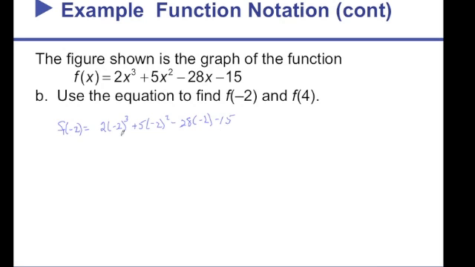Well, remember we do powers before we multiply, so this will be 2 times negative 8 plus 5 times 4 minus 28 times the negative 2 minus 15. That'd be negative 16 plus 20 plus 56 minus 15. Well, these two adding together would give you 4. These two would give you 41. Adding them together, we get 45. Same answer we had from the graph.